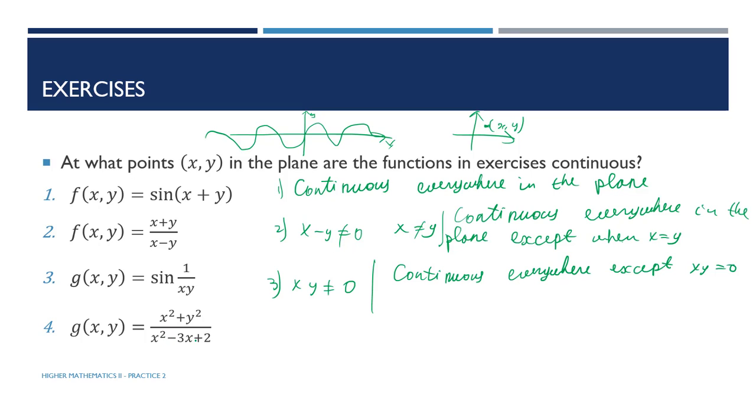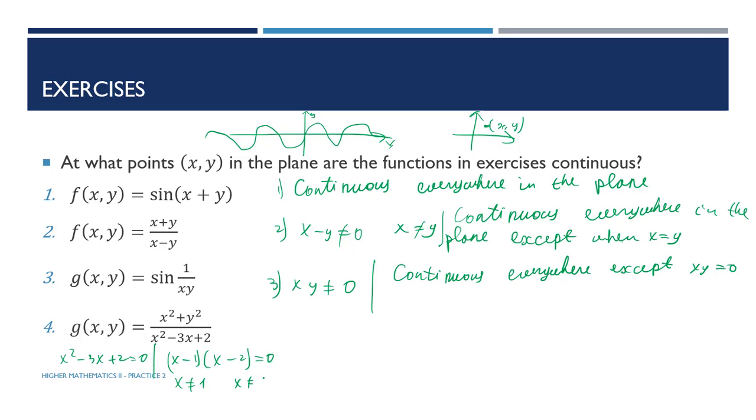For the first one, we have to find the zeros of the denominator, which is x squared minus 3x plus 2 equals 0. Now use Vieta's theorem, and we can write that (x minus 1) and (x minus 2) equals 0.